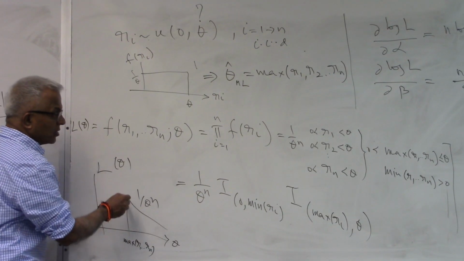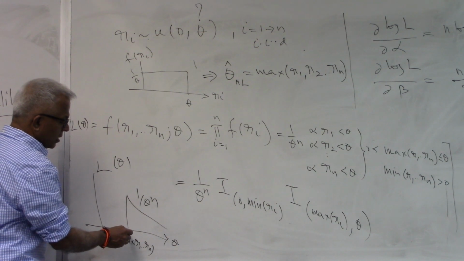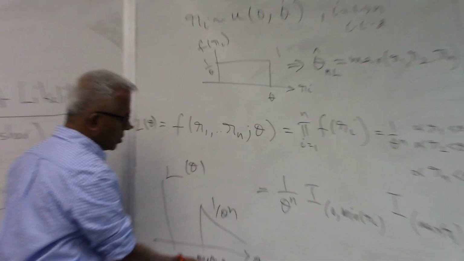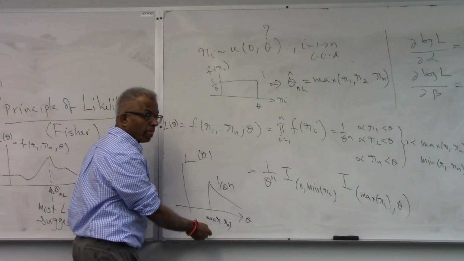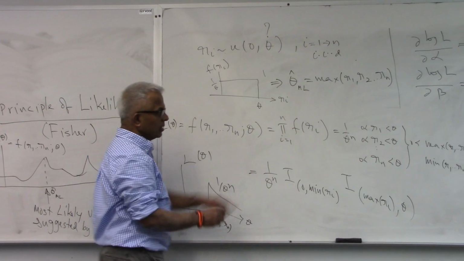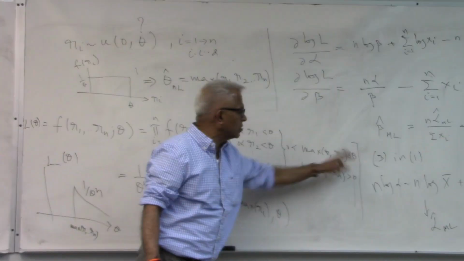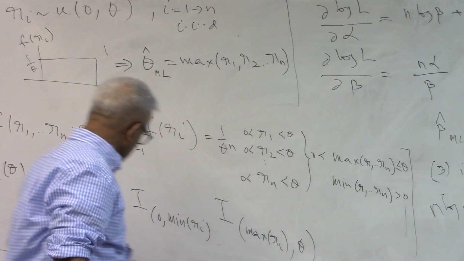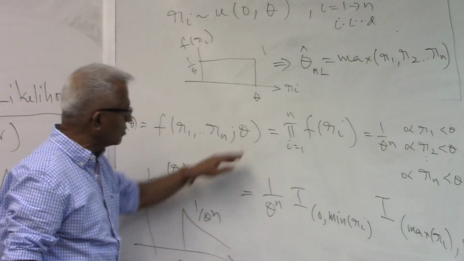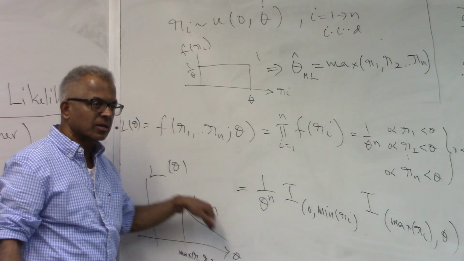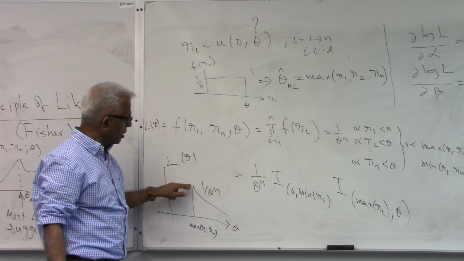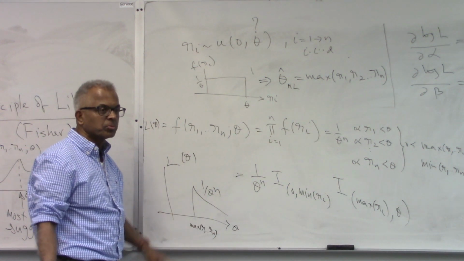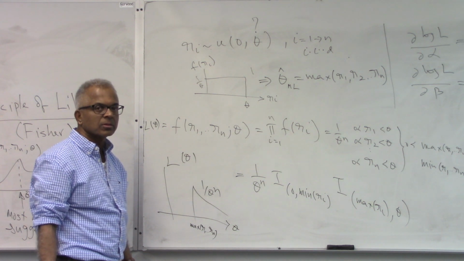The likelihood function goes like this, and the value where the function peaks is this value. The density function is only valid if theta is greater than this. That means theta to the n goes like this, and the largest value of this function is when theta hits this. So that must be the maximum likelihood estimator.